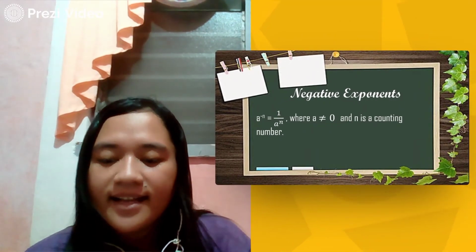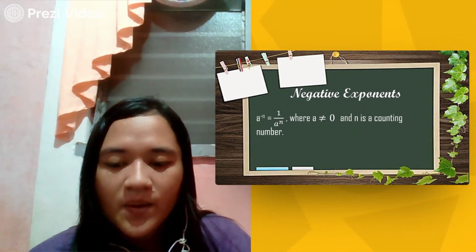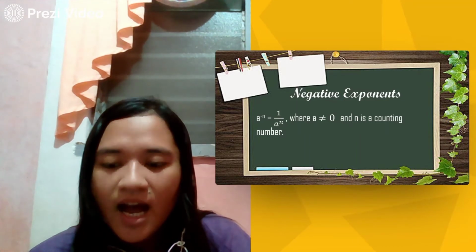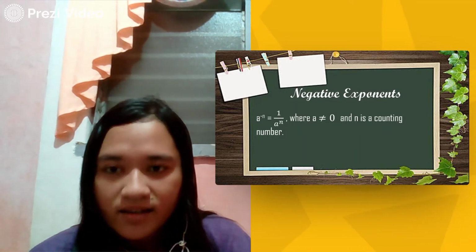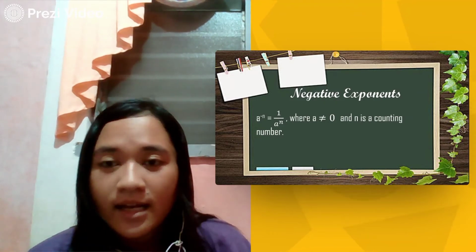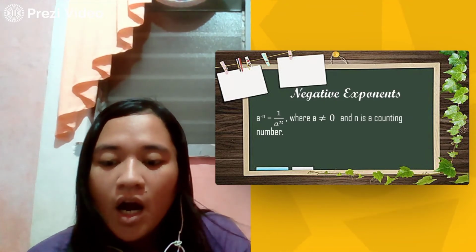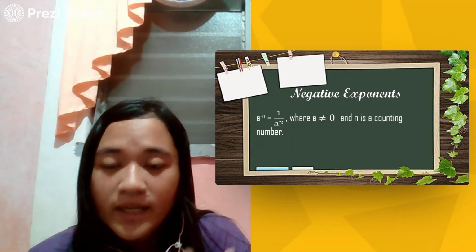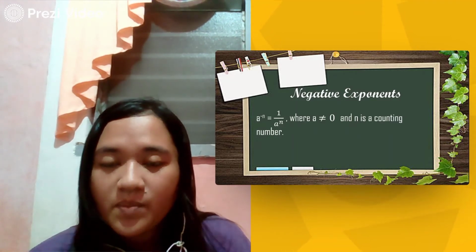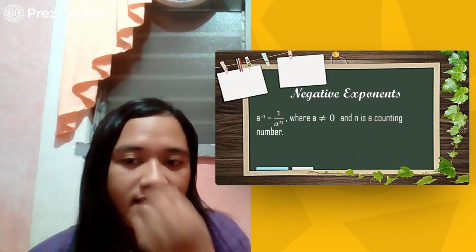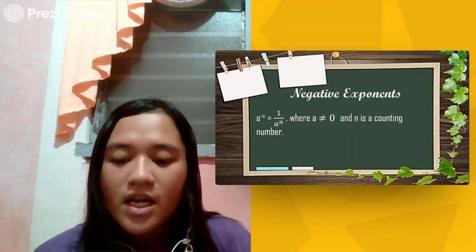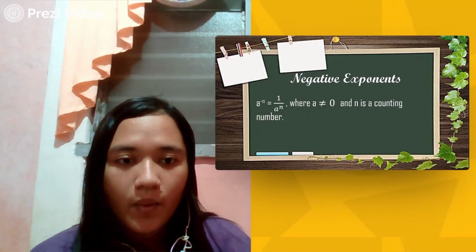Remember, when we see a negative exponent, always think of the reciprocal. When you see a negative exponent, we get the reciprocal. Right? Let's have an example.